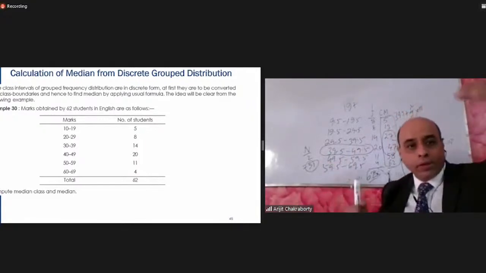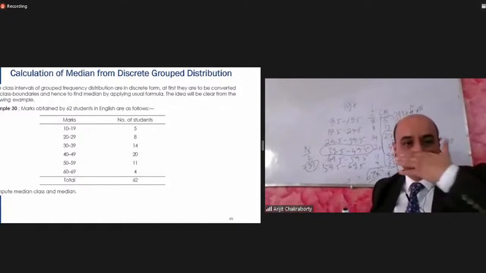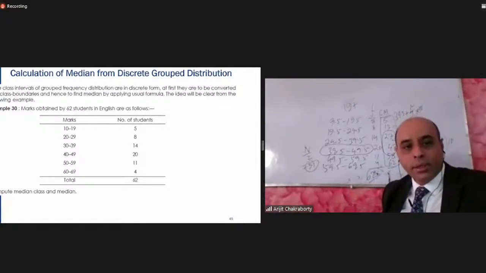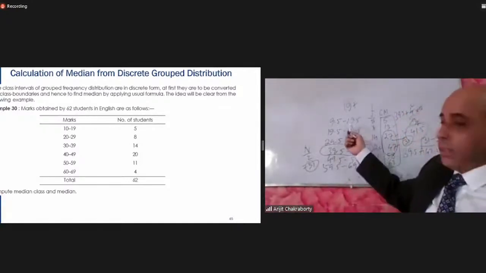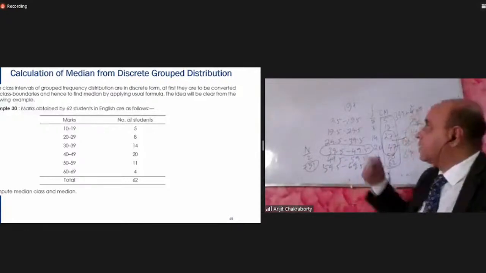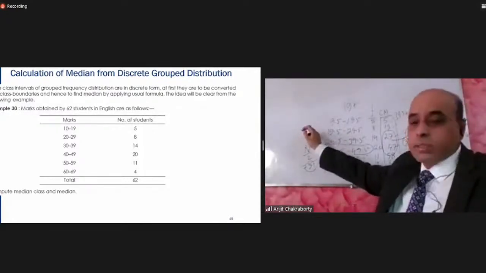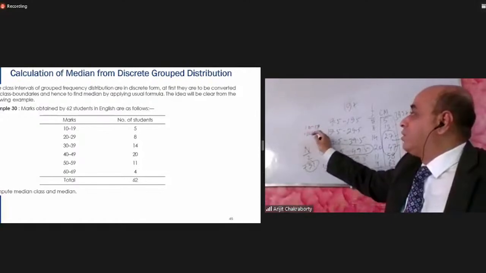So we are trying to make it continuous, from discrete to continuous. In this case, 19 is given and 20 is the next class. So please note, the original class was 10 to 19 and then 20 to 29.